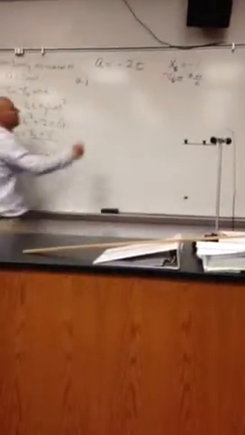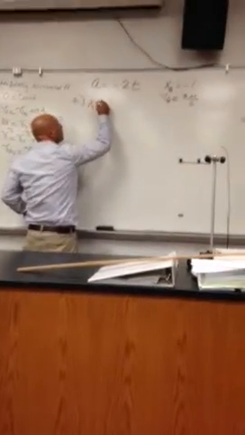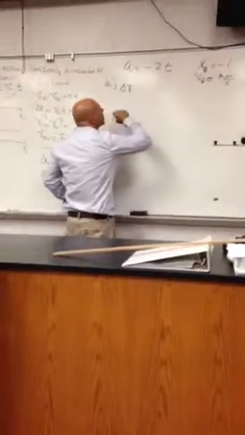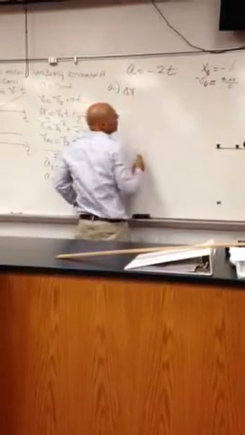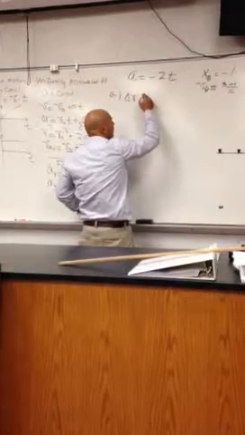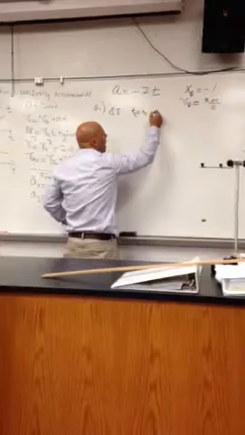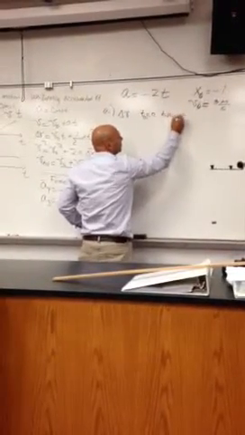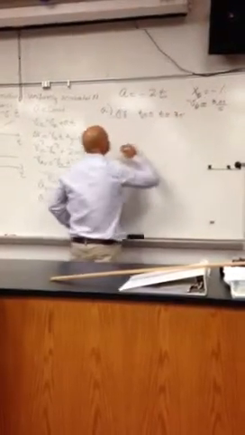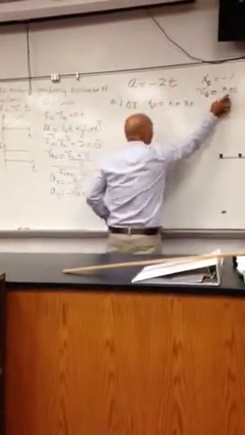So the question, find A, the change in velocity between time equal 0 and 3 seconds, which is the same because you start at 0 or you start here.